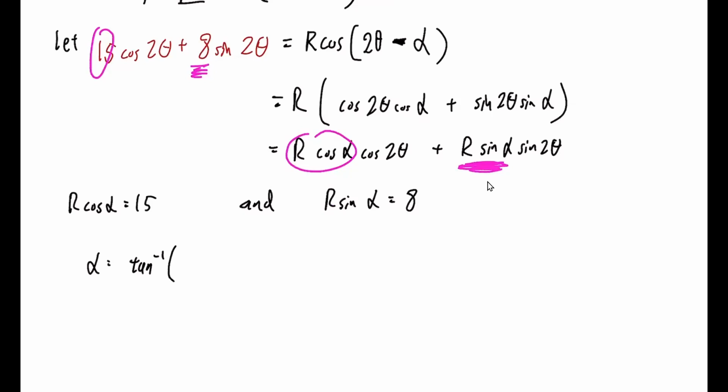Tangent inverse 8 over 15. Very good. Why do you choose 8 over 15? Is it because it's small on top and big below? No. Even if I swap it around, it's always the sine divided by the cosine.